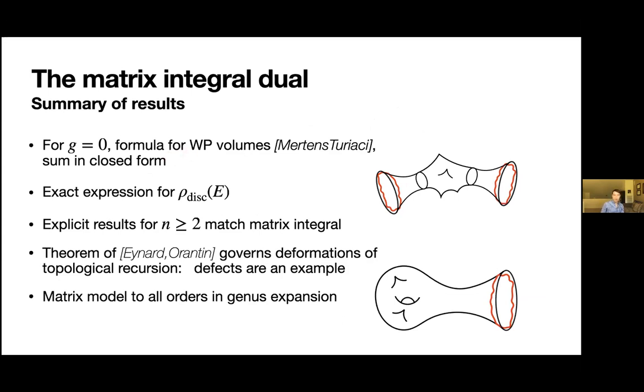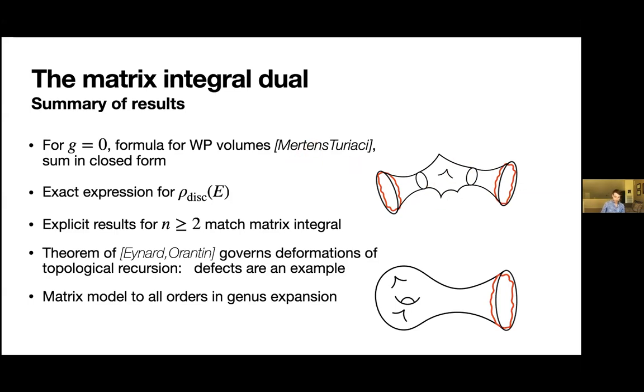At genus 0, it turns out that you can compute the sum over these Weil-Petersson volumes, the sum over any number of defects, exactly. That's true for the disk with any number of defects, but also for things like the double trumpet, the two boundary path integral with any number of defects.